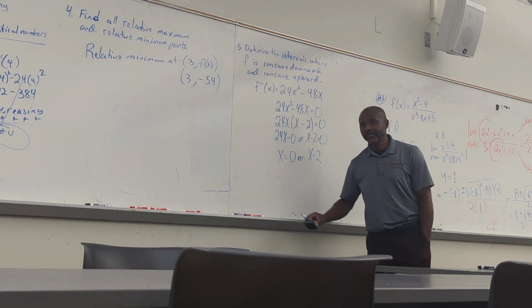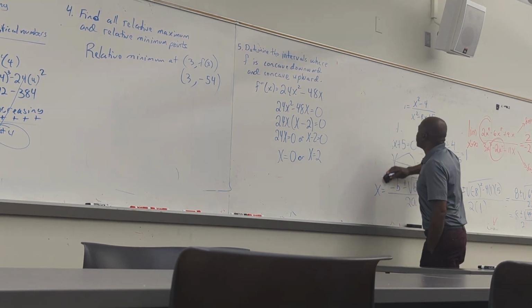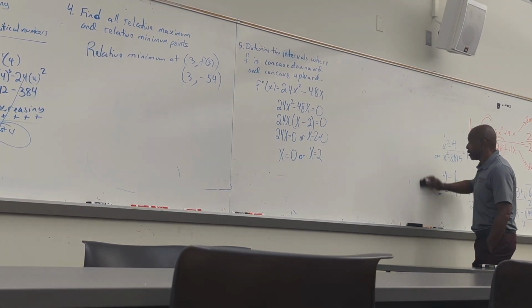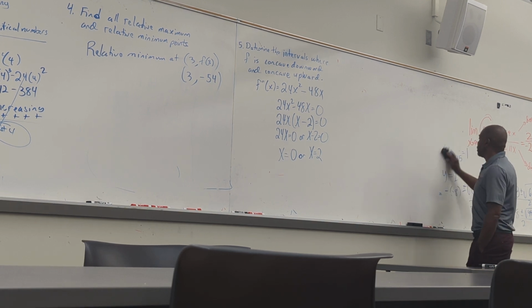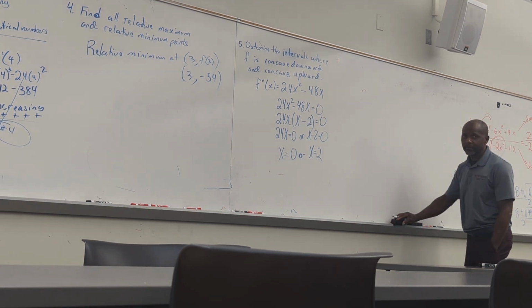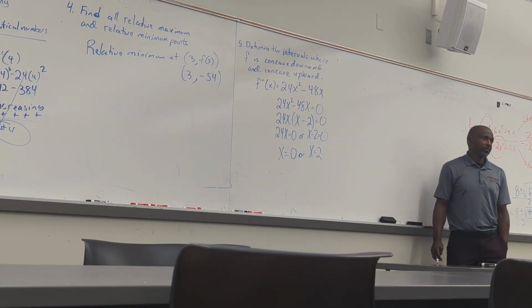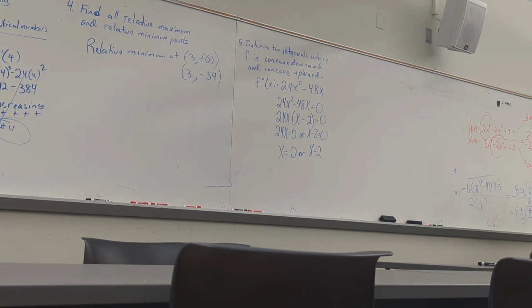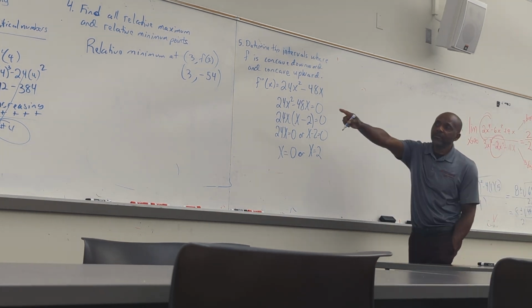Alright, you got those. What are you gonna do with them? The chart. Remember, the second derivative is used for concavity. We do the same thing we did with the first derivative.